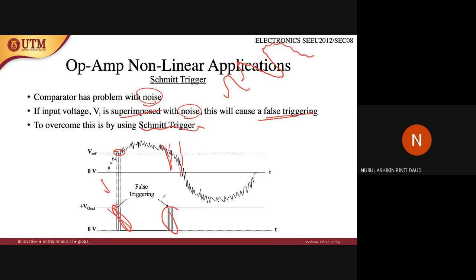They triggered wrongly on the input signal. So we need to solve this case, because if not, you will get a wrong output signal. This is what is called false triggering.